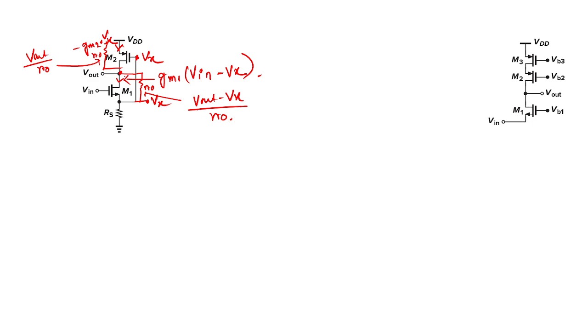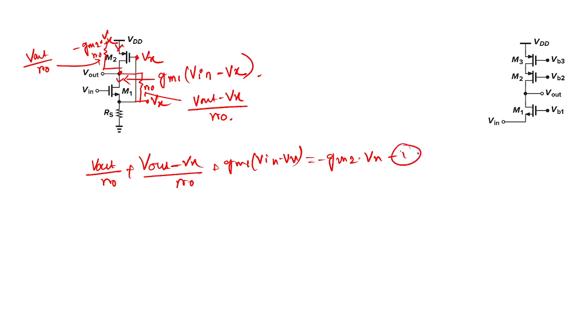Let's focus on the outgoing current first. One outgoing current is Vout by R0 plus this outgoing current, Vout minus Vx by R naught, plus this outgoing current which is Gm1 times Vin minus Vx, and the incoming current is equal to minus Gm2 Vx.